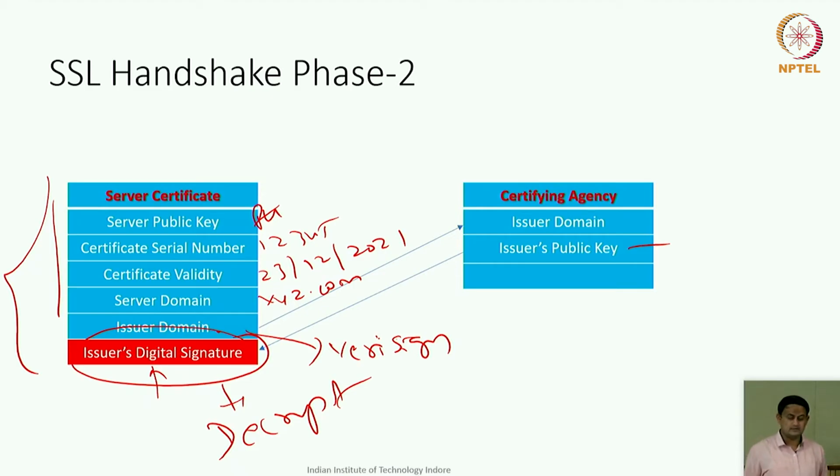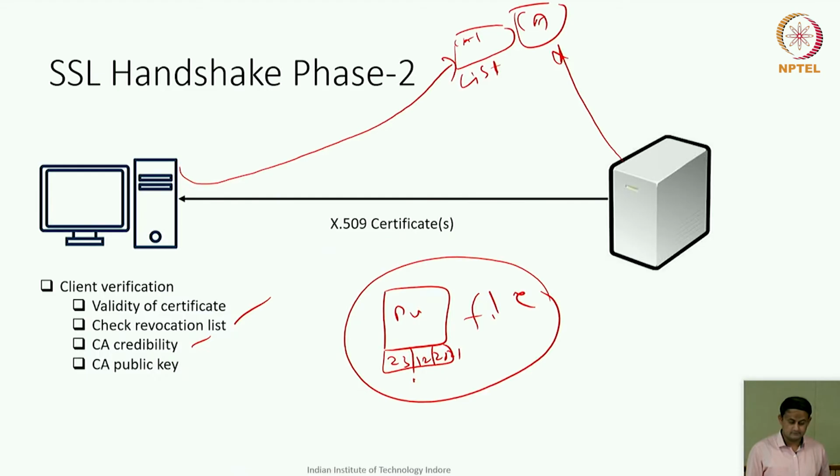So if this is validated, then the client thinks that, okay, whatever the server has supplied as a certificate is actually indeed valid, particularly the date, the revocation list, and then you take the public key of the certifying agency and decrypt the encrypted signature that comes along with the server supplied certificate, and then recalculate the hash on the remaining part of the certificate elements and compare what you decrypted with that. If these two match, then you say that your verification is successful. So that is how the client actually verifies that.